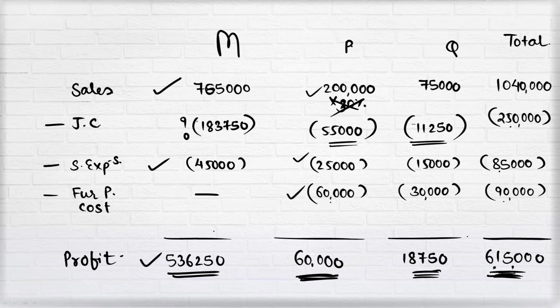It is an easy method to distribute the joint cost, but you will never understand what is actually happening. Actually, the 55,000 and 11,250 are helping to reduce the total cost of department M, and ultimately it is nothing but joint cost apportionment. It is byproduct apportionment to M, P and Q.